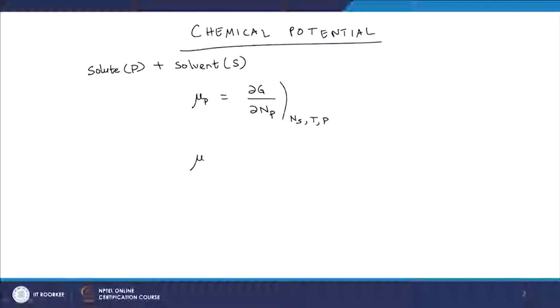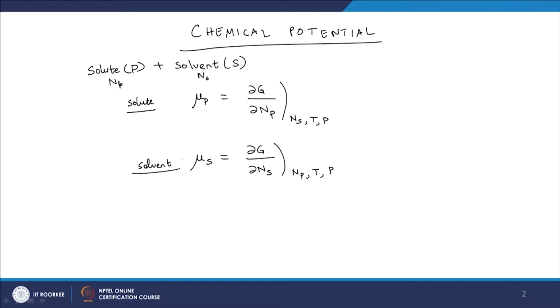Similarly, I can define the chemical potential of the solvent, which is simply the derivative of Gibbs energy with respect to the number of solvent molecules, that is Ns, while keeping the number of solute molecules fixed and the temperature and pressure fixed. So solute is Np, solvent is Ns, and this is for solute and this is for solvent.